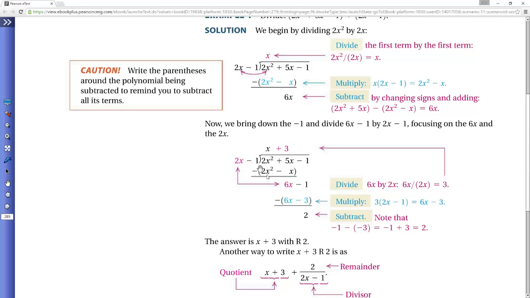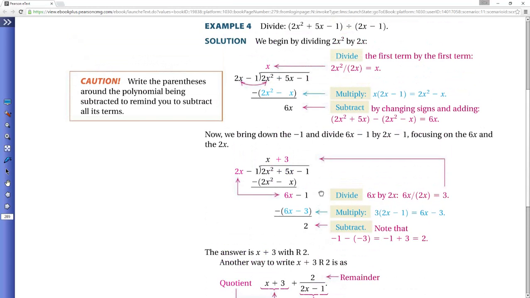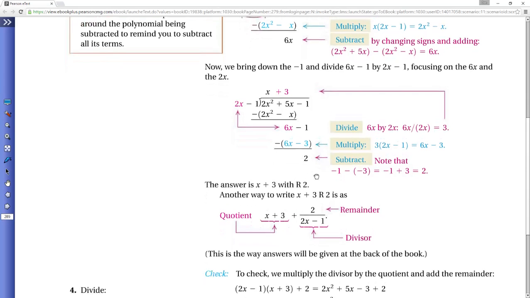So I take 3 times 2x and I get 6x, and 3 times negative 1 is negative 3. So I end up subtracting this, and the 6x goes to 0, which means I got the right numbers in here. And then I have negative 1 plus 3, and I get a positive 2. Well, I don't have any other terms to drop down to make a new polynomial to divide into, so this is my remainder of 2.